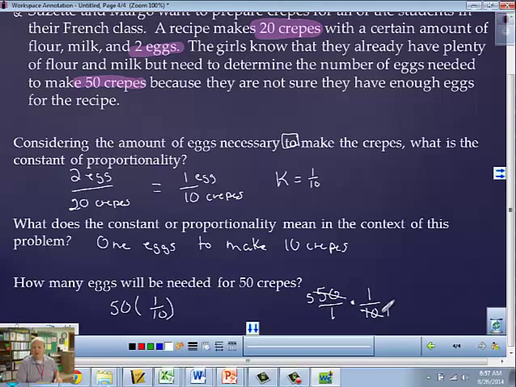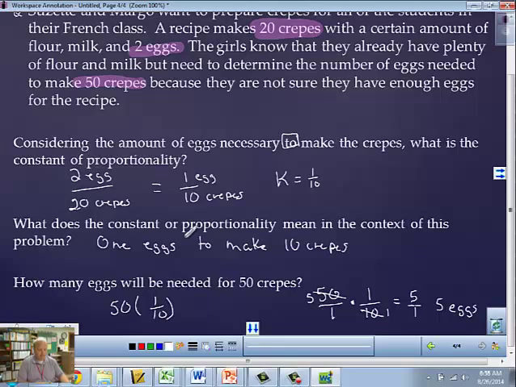Now I can multiply straight across, and I get 5 over 1, or just 5. So my answer is I need 5 eggs to make 50 crepes. Okay? So this constant of proportionality is pretty much the exact same thing. Oh, I have a spelling error there.